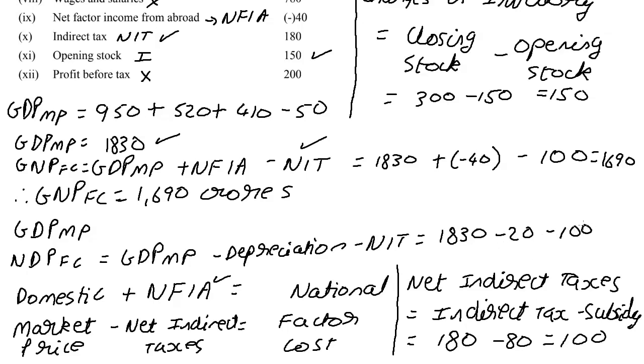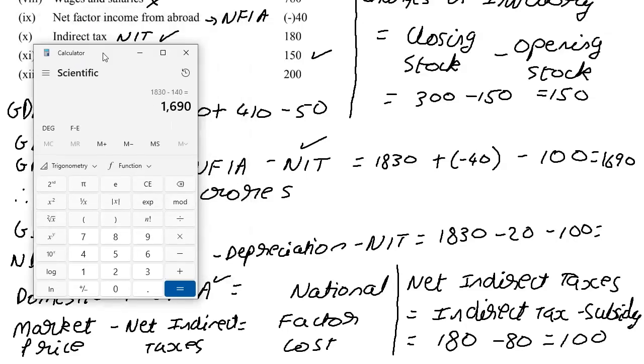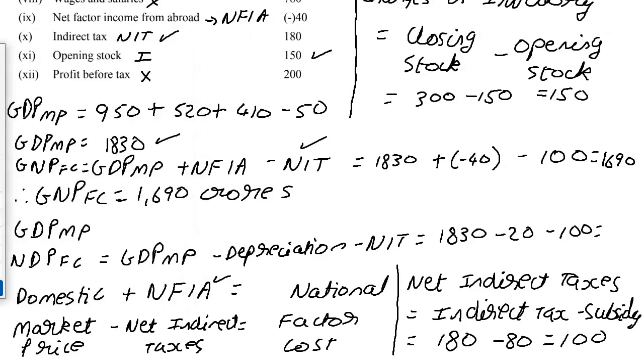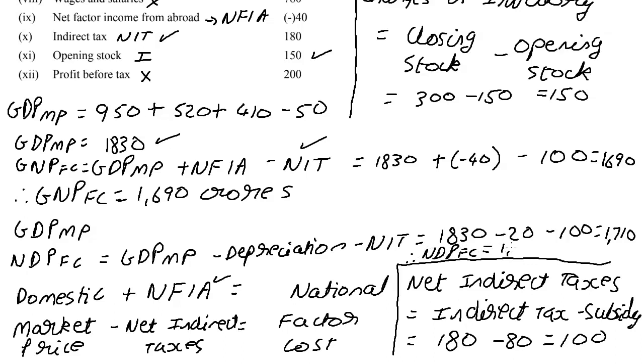On the calculator, 1830 minus effectively 120 is 1710. Therefore, NDPFC is equal to 1710 crores.